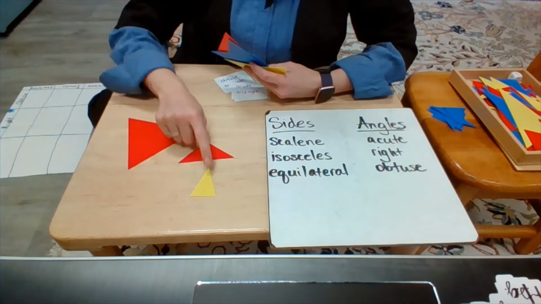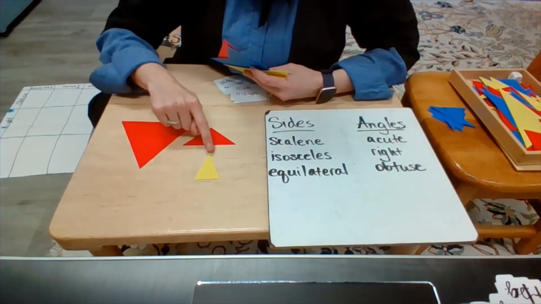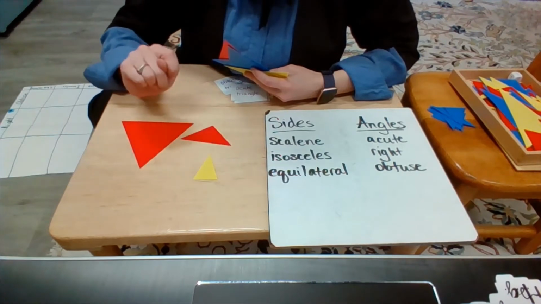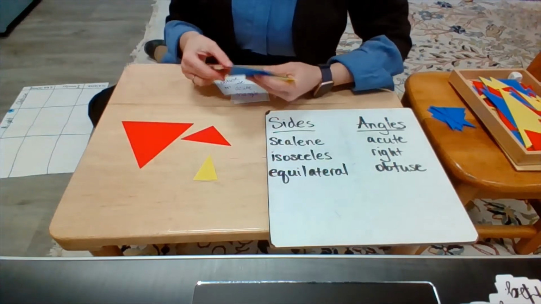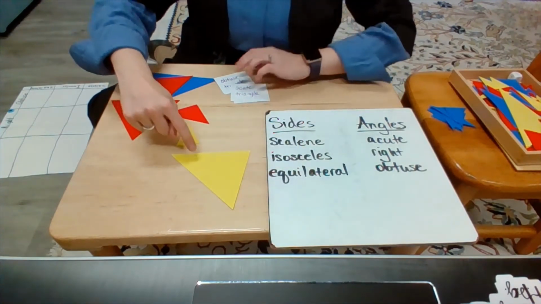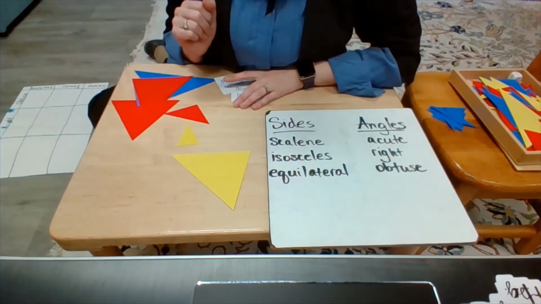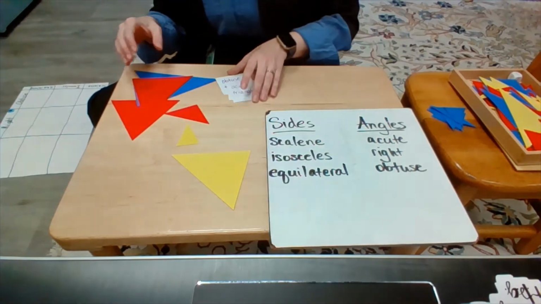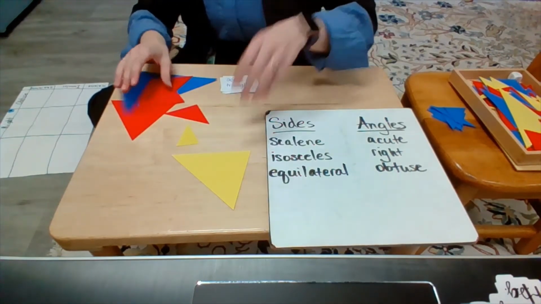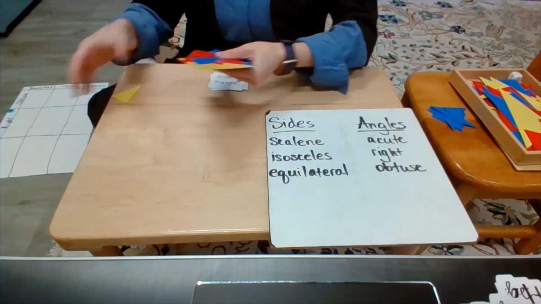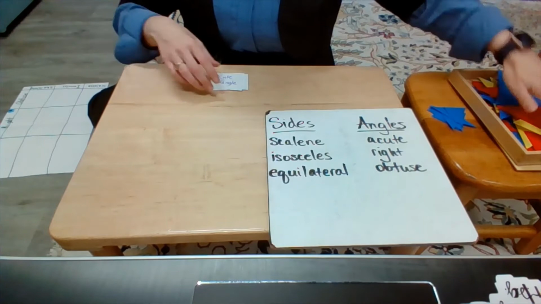I can see this one is a small, yellow, acute, isosceles triangle. I could compare that to this one, where it is a large, yellow, acute, scalene triangle. All of those words allow me to identify the individual differences between my triangles.